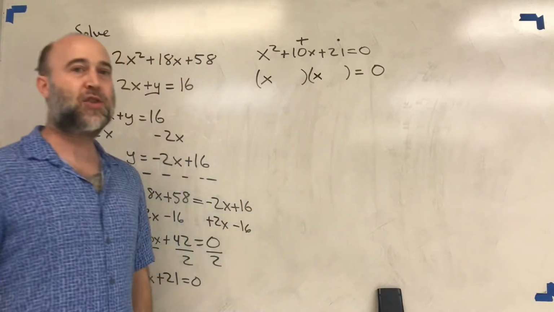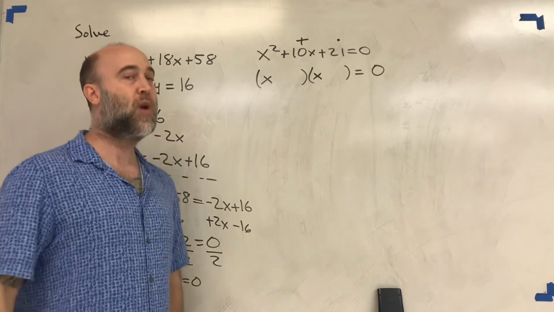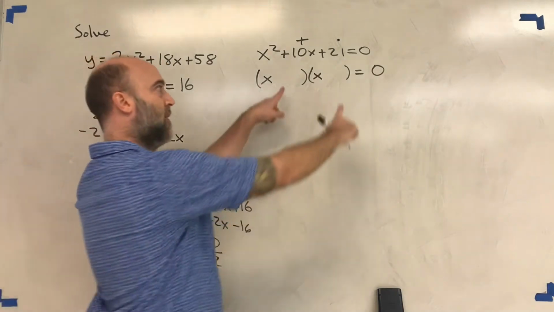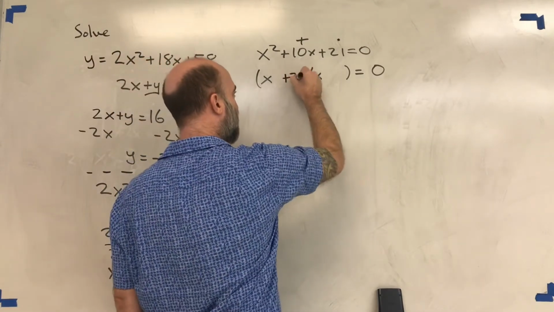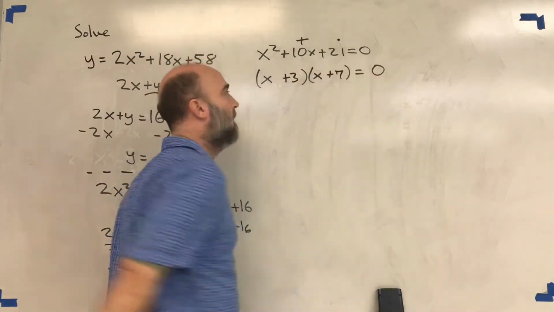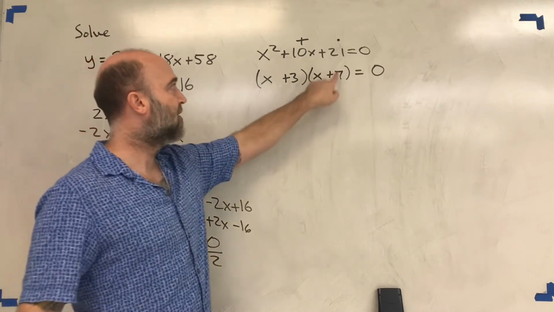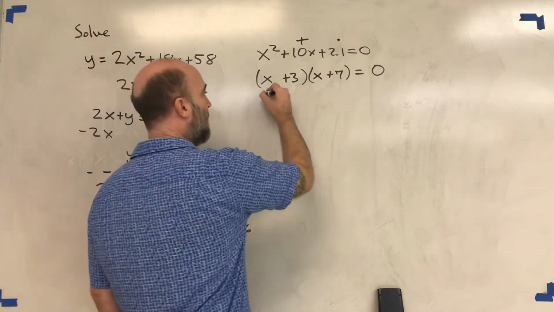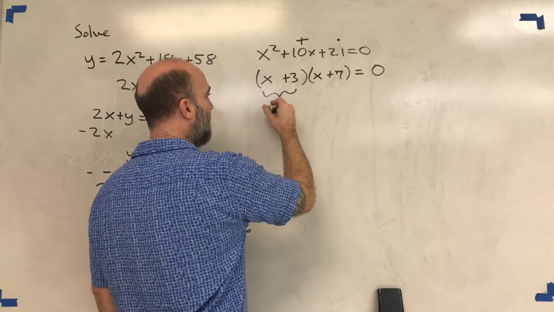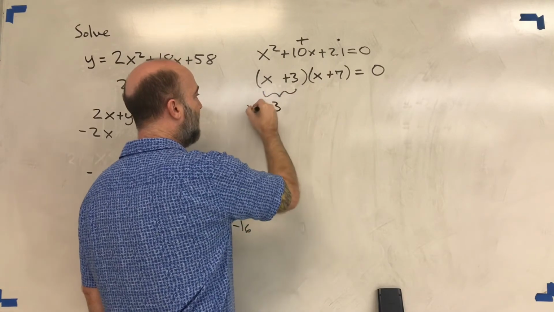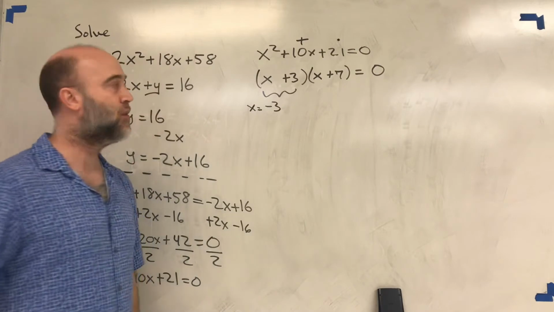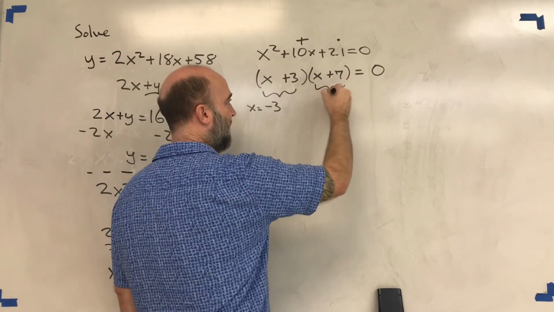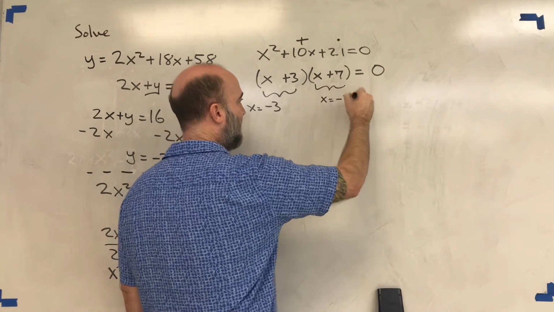Then the two numbers that multiply to be 21 and add to be 10 are a positive 3 and a positive 7. So 3 times 7 is 21, 3 plus 7 is 10. Now, I want to know when this is equal to 0. So when x is negative 3, that's true. And when is this equal to 0? When x is equal to negative 7.